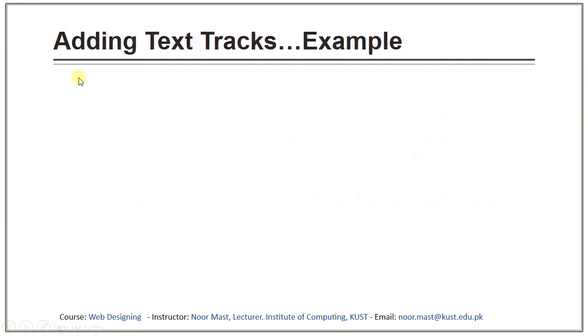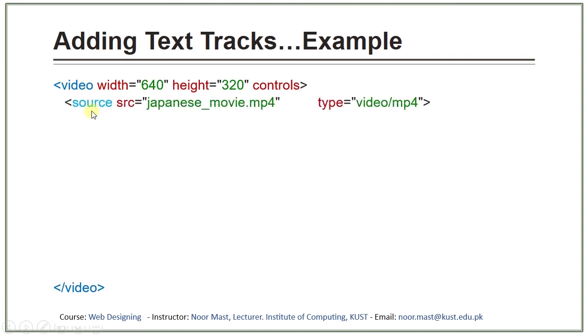In this example, we are showing how to add a text track to a video element. So this is the starting and closing tag of the video element. Now these two source elements specify the media file and its type to be used with the video element.